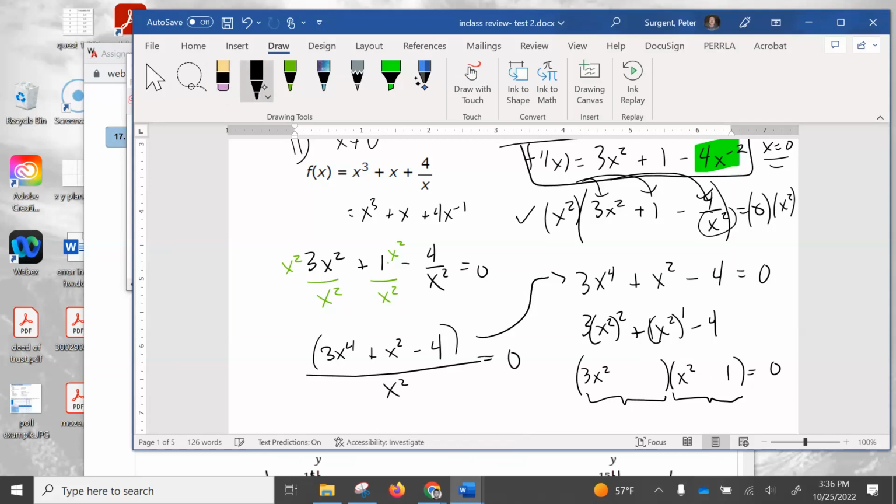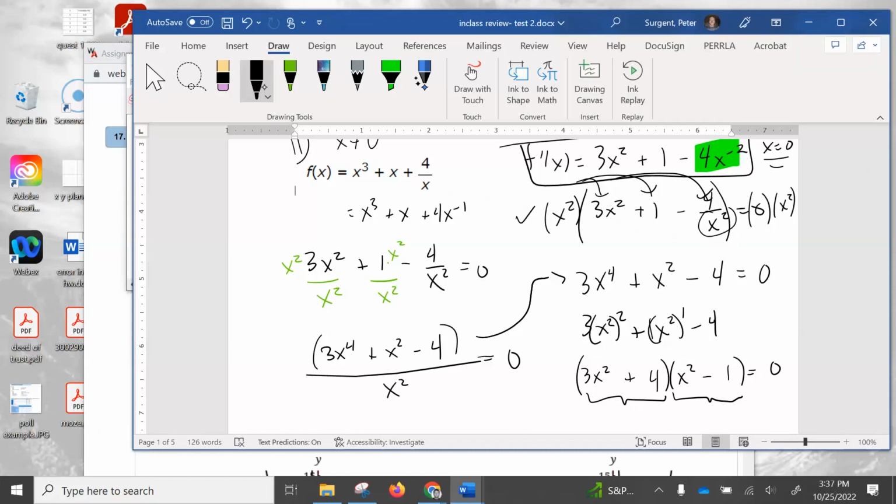Wait a minute. That's what I wanted to do. That's 4x squared minus 3x squared, right? Tell me if you like that. Plus 4x squared minus 3x squared is 1x squared. I think that's right. So if you FOIL that out, you get the fourth degree. And I know you haven't seen that probably in a long time, if you've ever seen it.